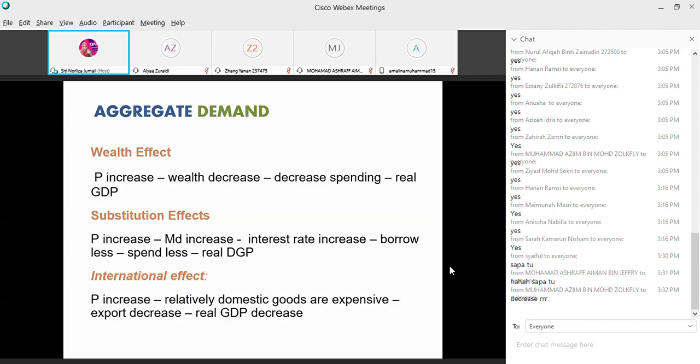Okay, what about the substitution effect? This one I already explained to you. This is MD, money demand. I tell you the story, then you digest, think, and try to understand. Just now I only explained the money supply, all the factors that will affect the money supply. I haven't explained the factors that will affect the MD.